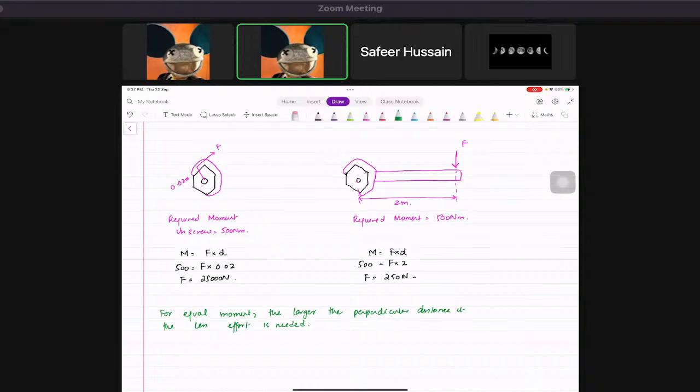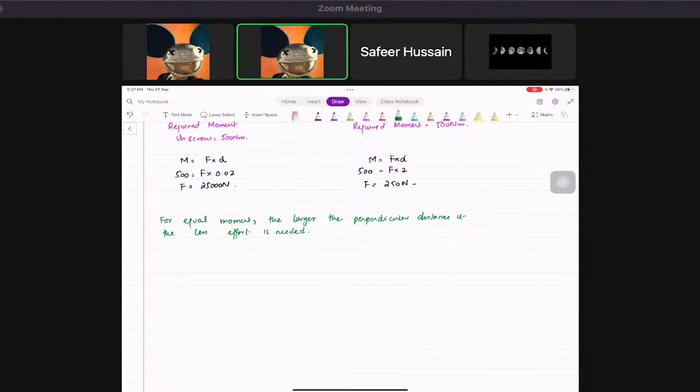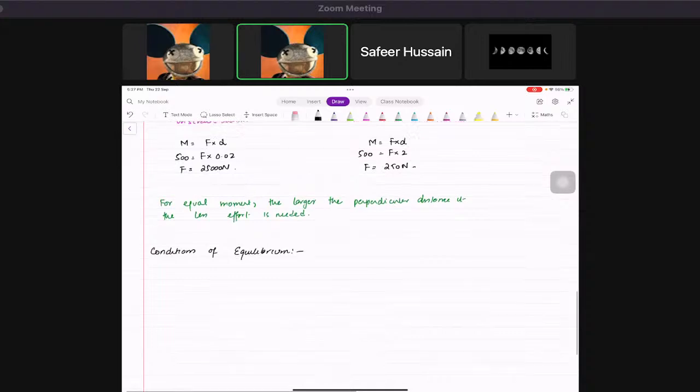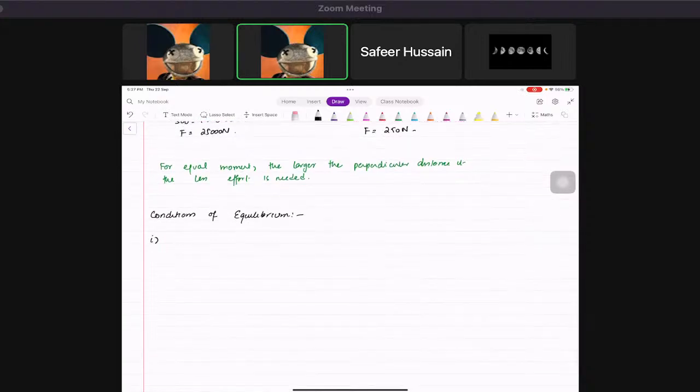We're done with forces, and we have learned that there are two conditions for anything to balance, called conditions of equilibrium. The first condition of equilibrium is that the sum of all forces is 0, which means that if you add all of them, there should not be any resultant force. So it's balanced with respect to forces.